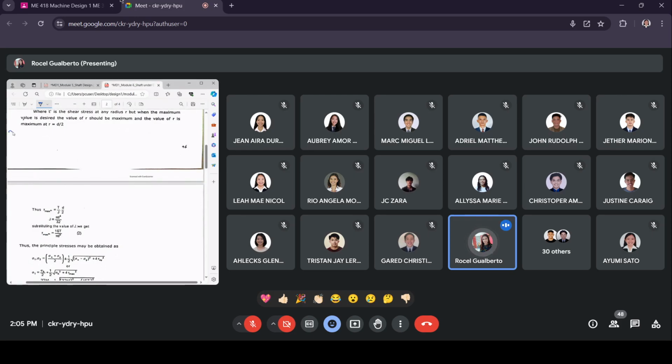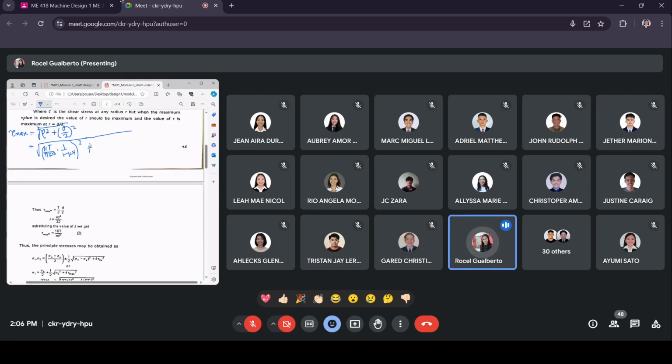So tau max is equal to the square root of tau squared plus sigma over 2 quantity squared. Again, tau is torsion and sigma would be bending. So let us now substitute. For tau, that is 16T over pi d cube times 1 over 1 minus k to the fourth, and then this is raised to the second power.